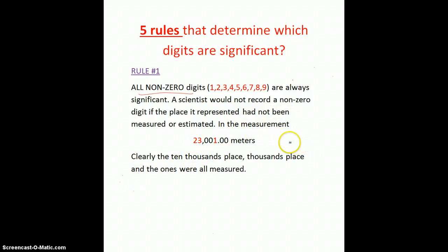So in the example that I give right here, clearly the 2 in the 10,000ths place, the 3 in the thousandths place, and the 1 in the ones place must be significant digits. So this number, so far as I can tell, has at least 3 significant digits.